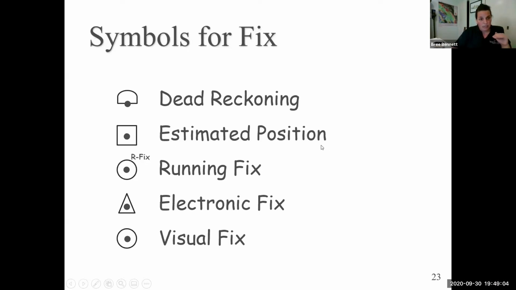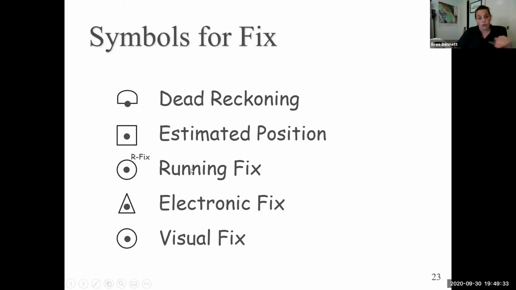Your estimated position is using one more thing, either one LOP, and we're going to talk about LOPs next week, or one more piece of information, meaning you have a known set and drift or known current that you can take into account and add to your dead reckoning, which is just the calculated position. So your estimated position is just your DR plus one more piece of information.